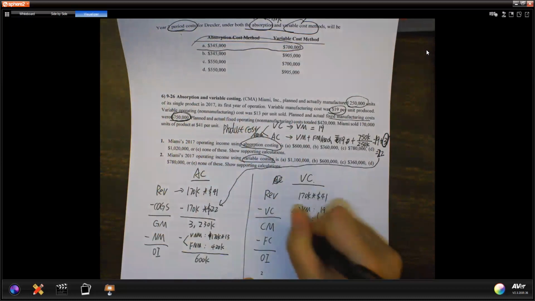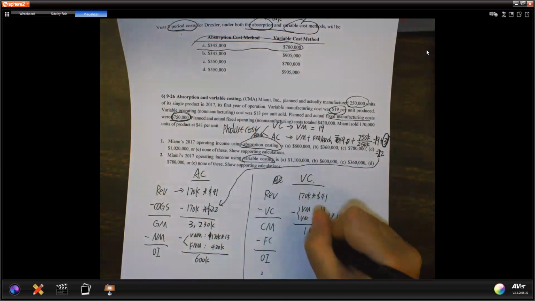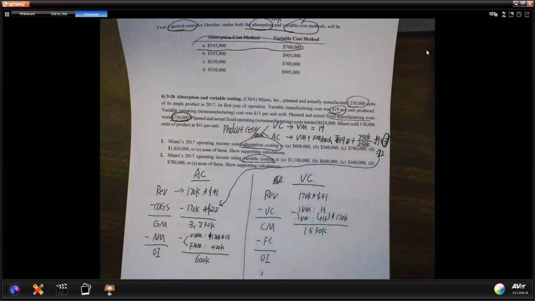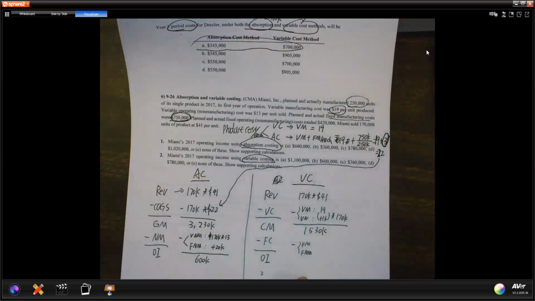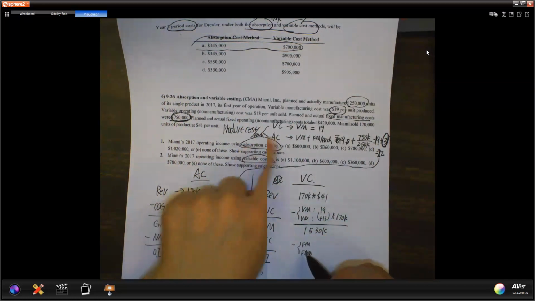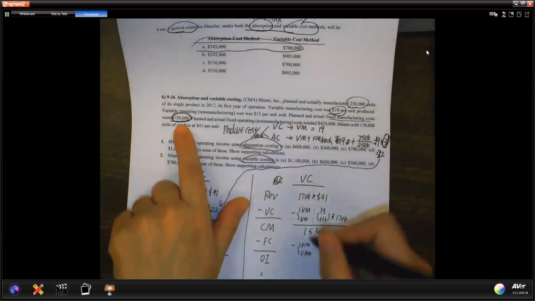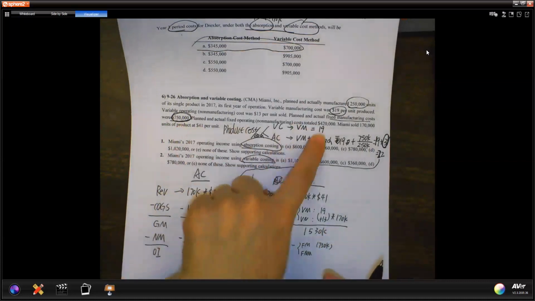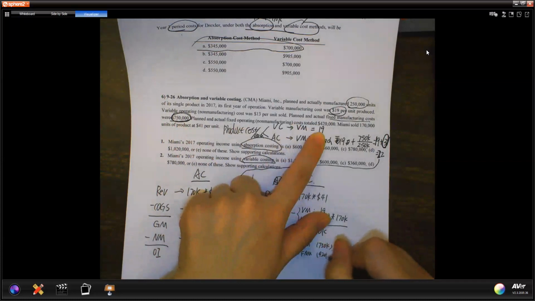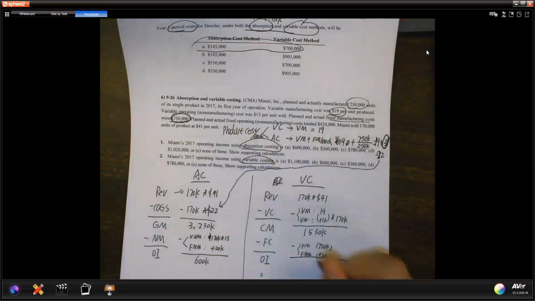That gives us our contribution margin. Then we subtract the fixed costs, whether fixed manufacturing or fixed non-manufacturing. We don't care, we just separate them by variable and fixed. Fixed manufacturing is 750,000 and fixed non-manufacturing is 420,000. So that gives us an operating income of 360,000.